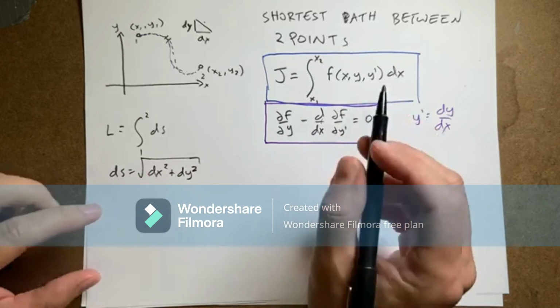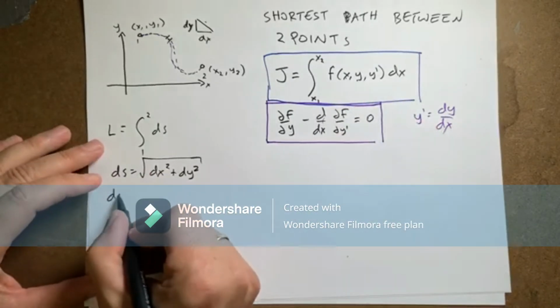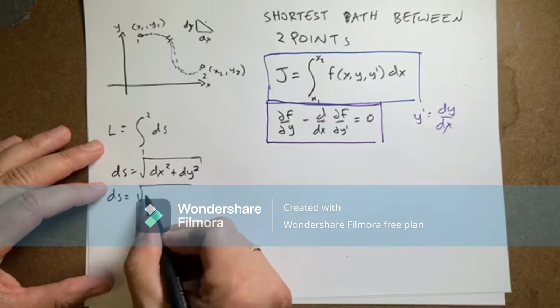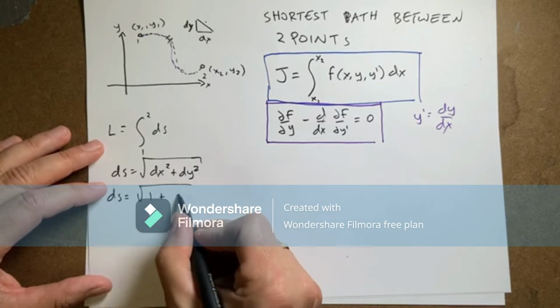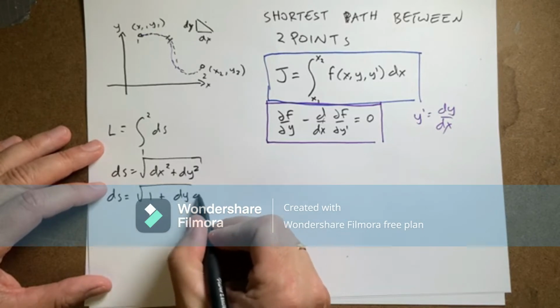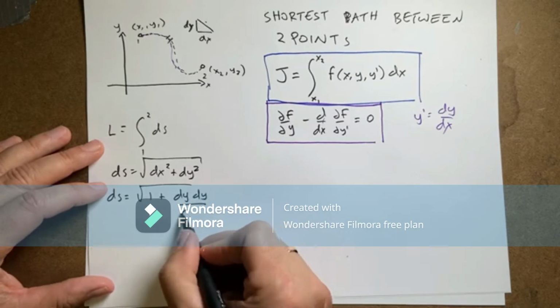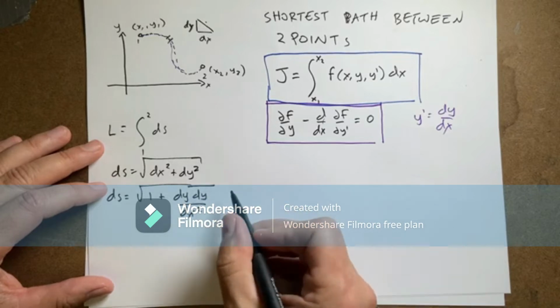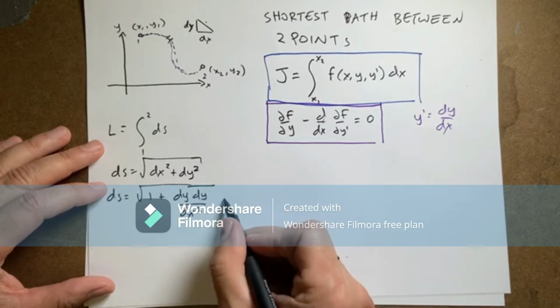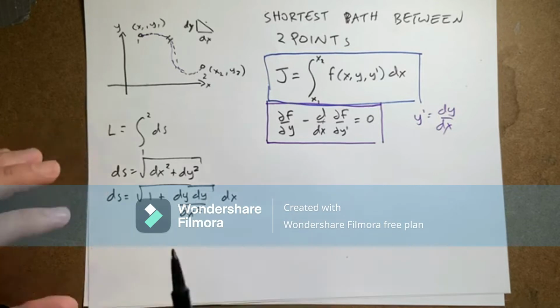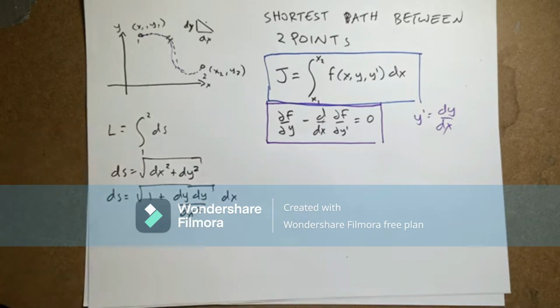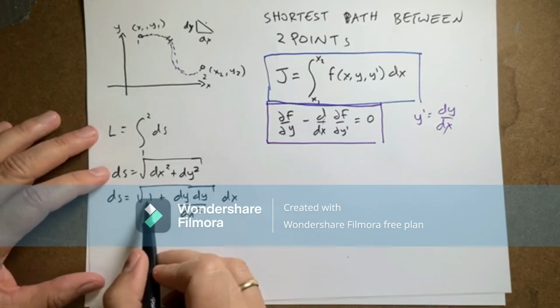I just want dx. So let's write this as ds equals the square root of 1 plus dy dx squared. I had a trick. I factored out the dx, right? Because I divide everything by dx squared.